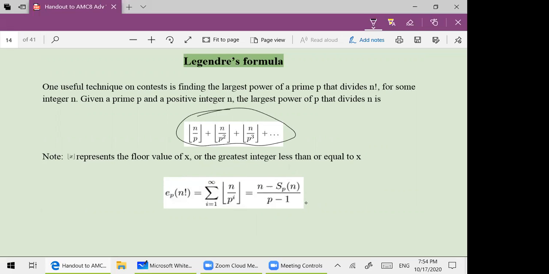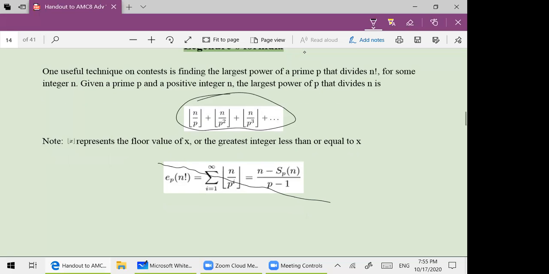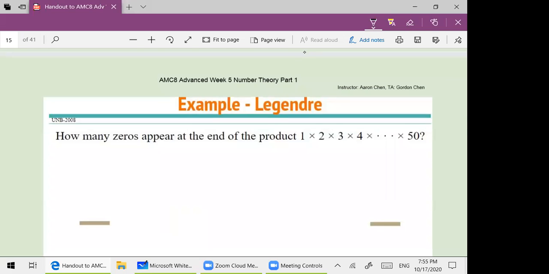But this is Legendre's, which is fairly important. Okay, now here's your next example.